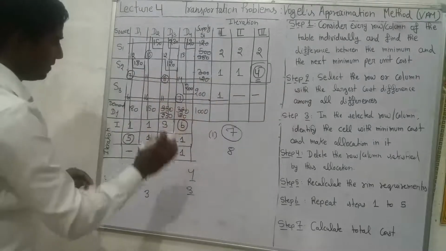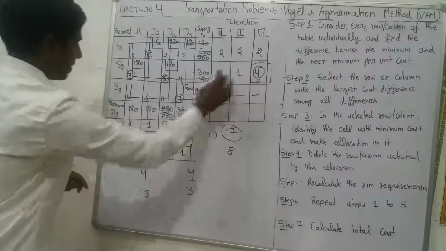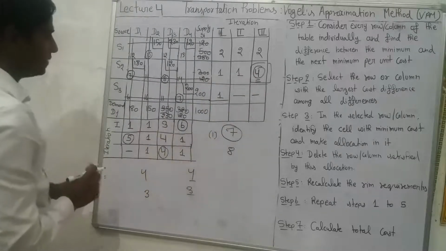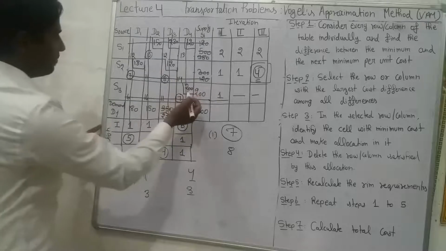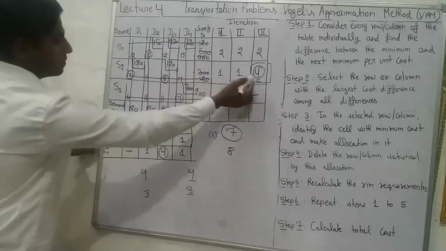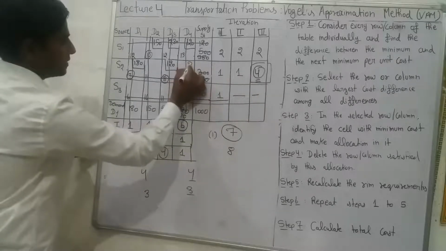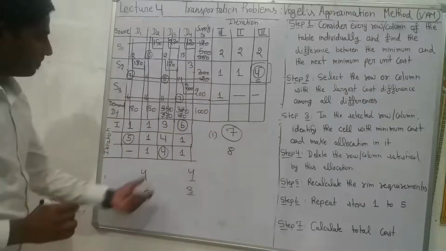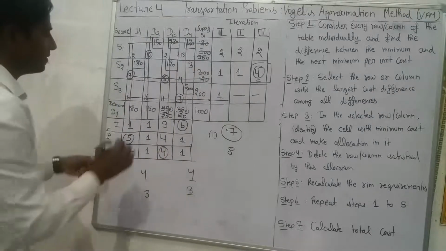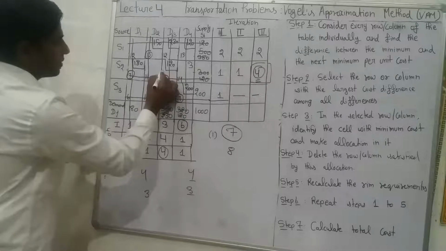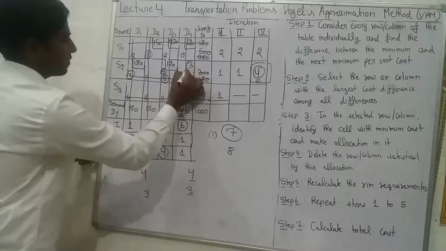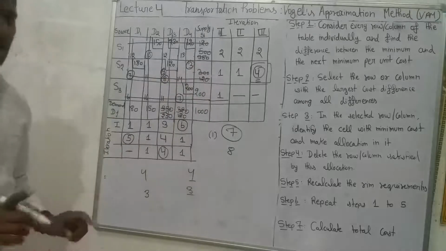Suppose there is a tie between this 4 and this 4, and the minimum cost in this row is 3, and the minimum cost in this one is again 3. So there is a tie between minimum costs. What do you have to do now?